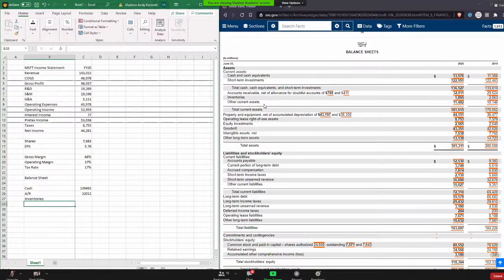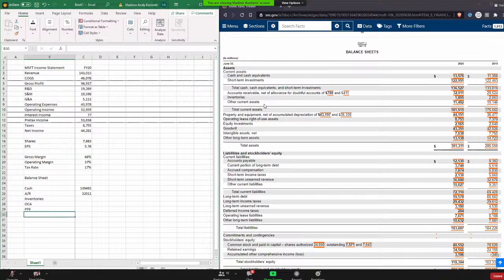Then there are other current assets, OCA, we'll call it that. Then we have PPE, property, plant, and equipment, and operating lease right-of-use assets. I wonder if I could put that into something else.